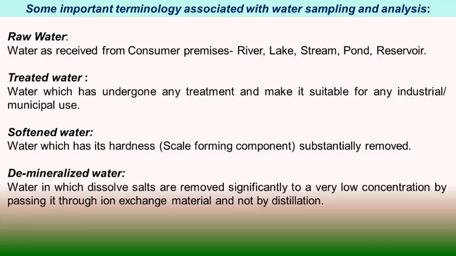Softened water means water which has the hardness suitably reduced and removed. Demineralized water means water without dissolved salts, which are removed significantly to very low concentration by passing through an ion exchange mechanism, not by distillation.